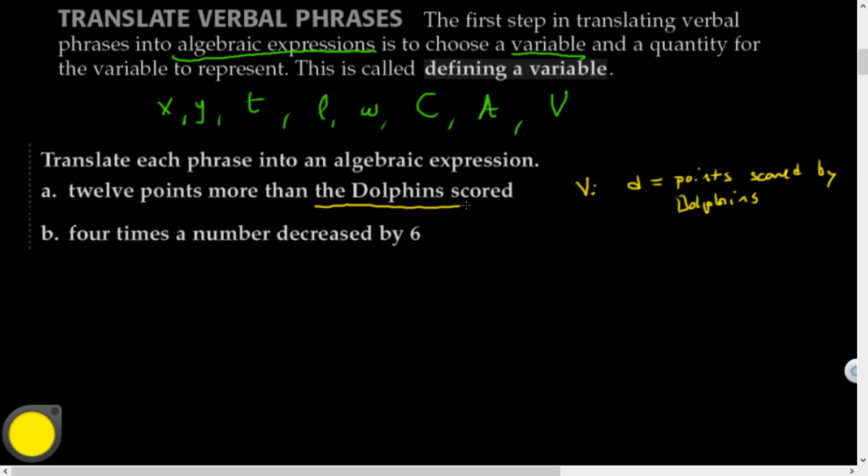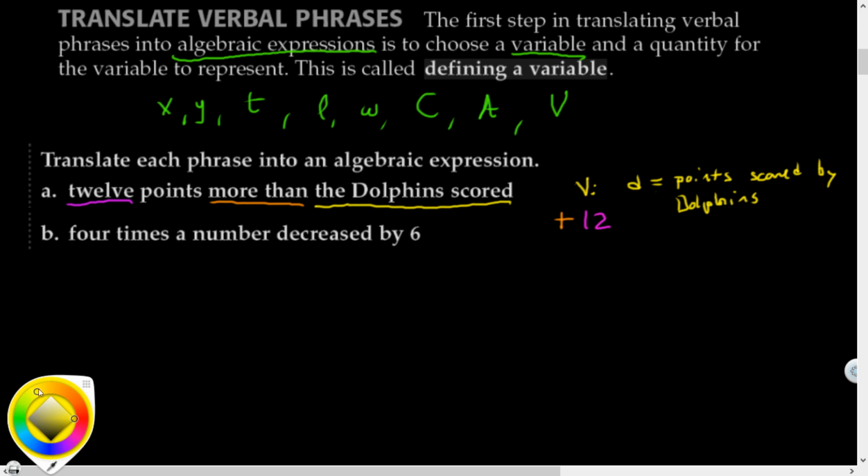So my variable that I defined here is what the Dolphins scored. And so here we've got a phrase that says 12 points more. So 12 points more than, the operation is addition. So I'm adding 12 to something. And how do I represent the Dolphins' score?